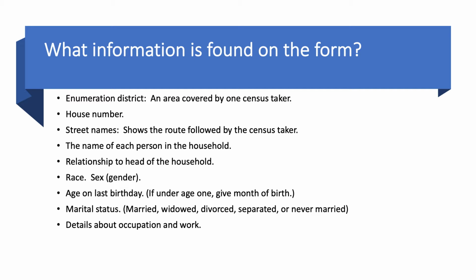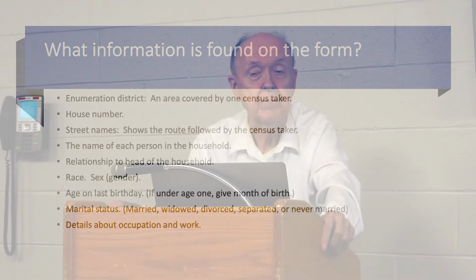It even says whether they're separated or not, and if they're never married. And it gives details about occupation and work. These are all the categories that everybody on the census is checked off.